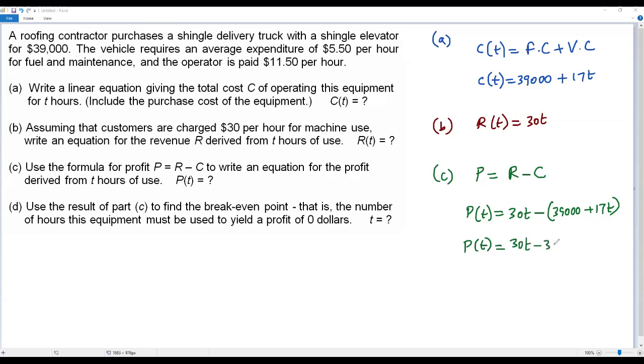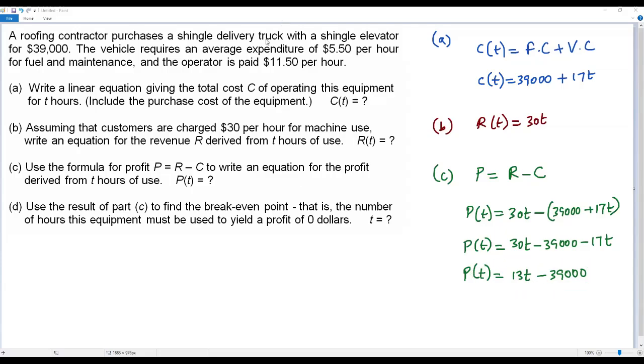I'm getting negative 39,000 negative 17T. So then we get P of T equals, we can combine this 30T and negative 17T. So when I combine them, I am getting positive 13T negative 39,000. Okay, now I got the result for part C. So this is the equation we have for profit, that is P of T.